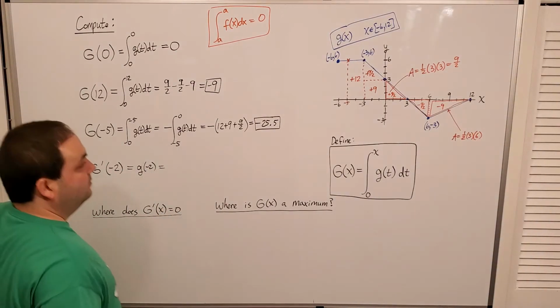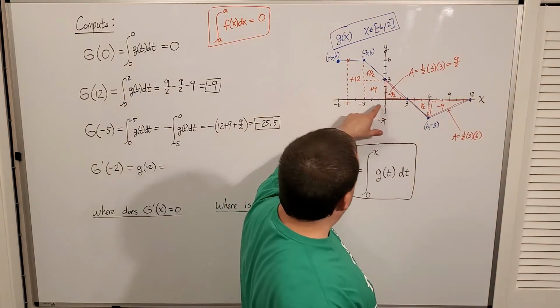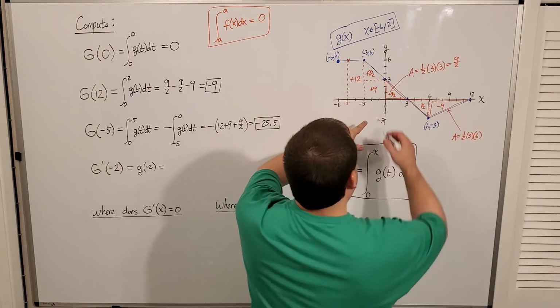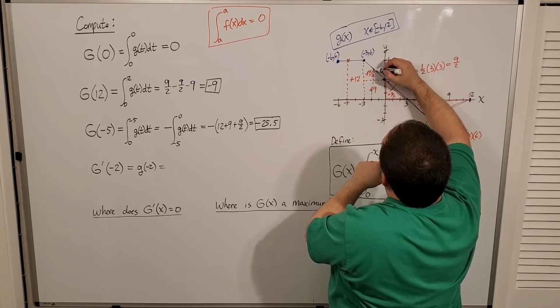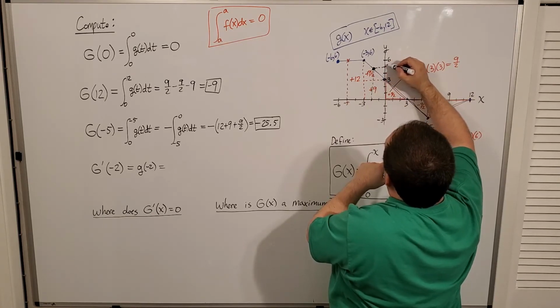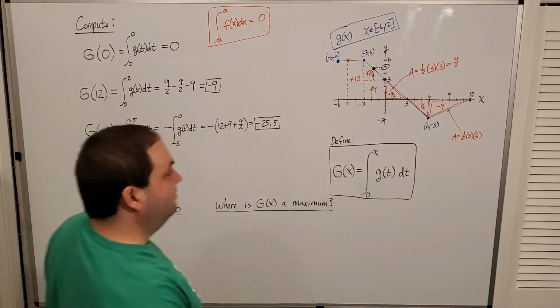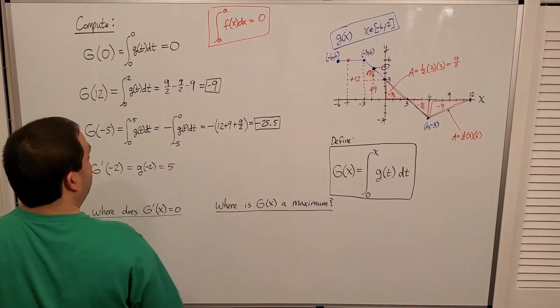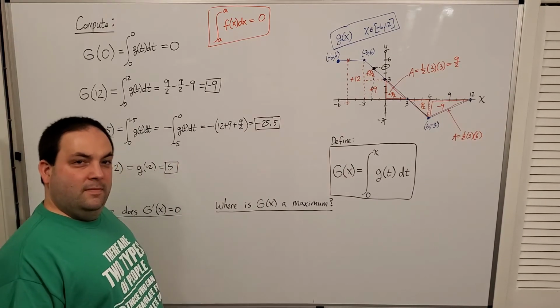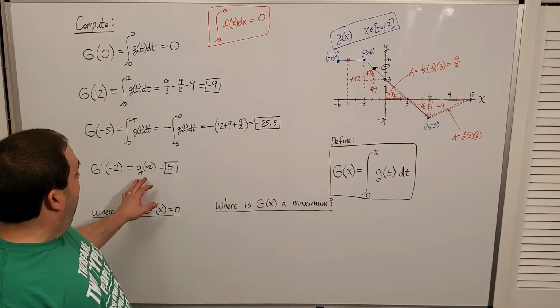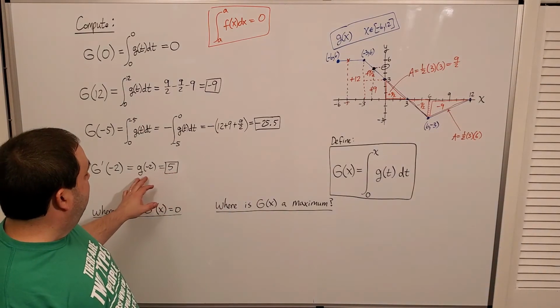What is that? Little g of -2 is up here. It's here at 5. Right? Let's think about that for a second.